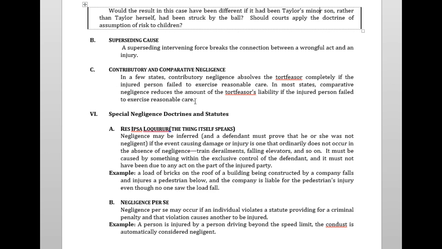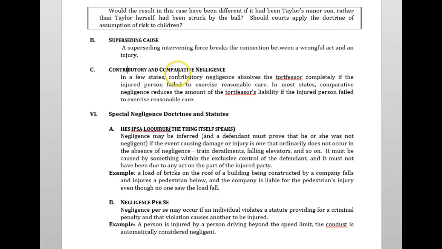And then there are two types of negligence that we need to talk about: contributory negligence and comparative negligence. In the case of contributory negligence, if the plaintiff is even a small bit responsible for their injuries, a certain percent is their fault also, then the case is thrown out.